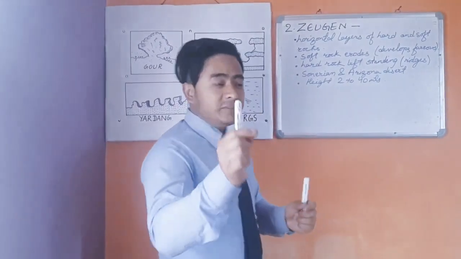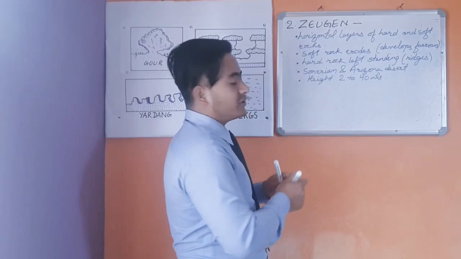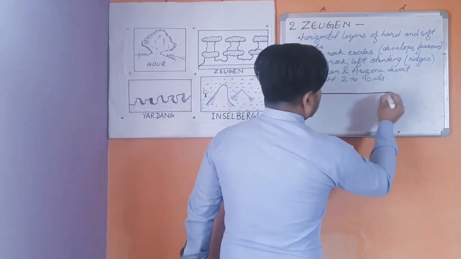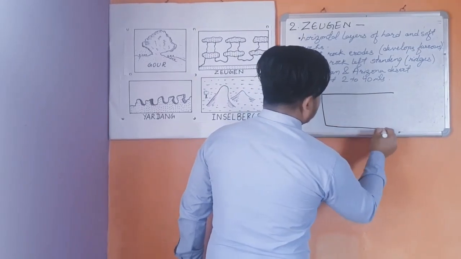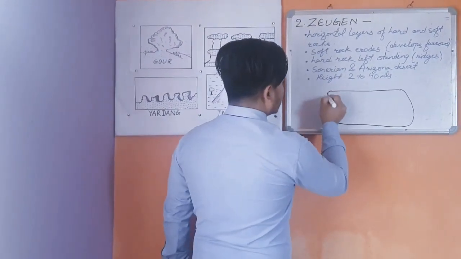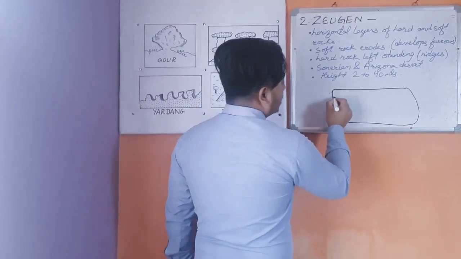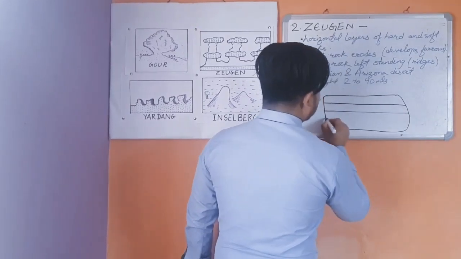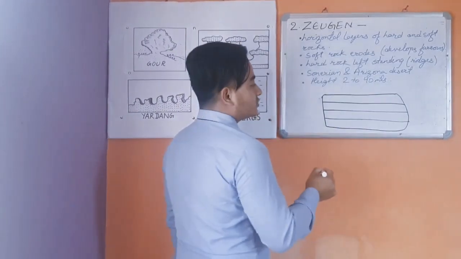So now let me explain Zeugen with the help of a diagram. For example, if this is a block of rock in a desert area and this block of rock is horizontally made up of hard rock and soft rock.